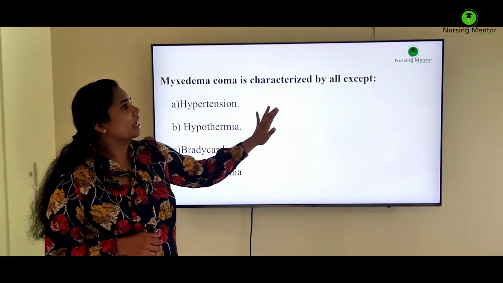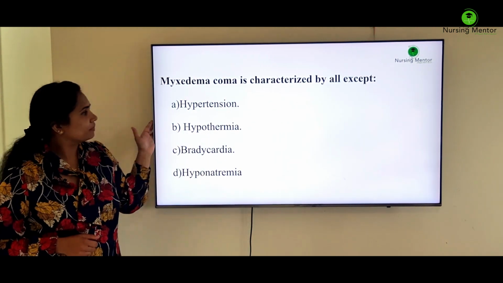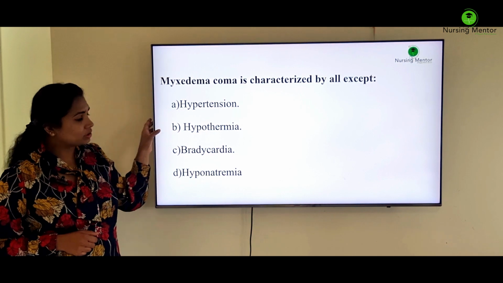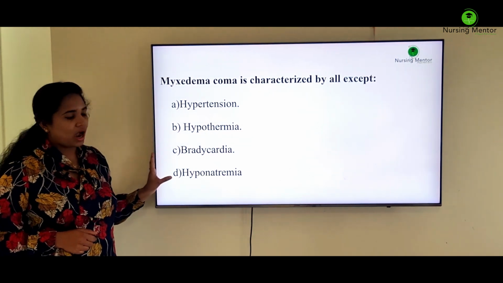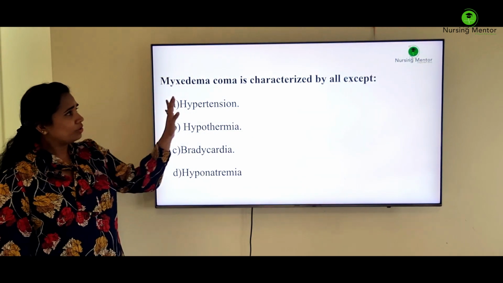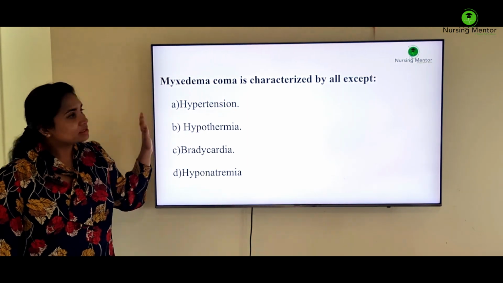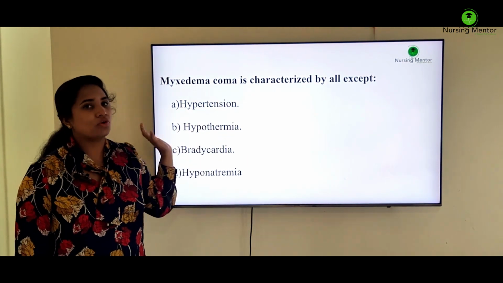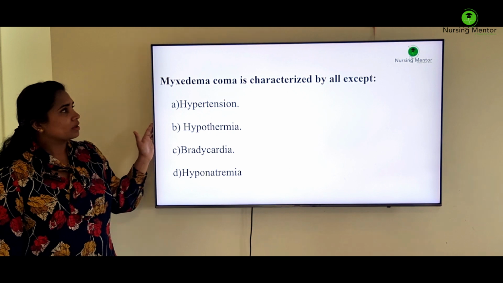Myxedema coma is characterized by all except: hypertension, hypothermia, bradycardia, hyponatremia. What is myxedema coma? Myxedema coma is a severe form of hypothyroidism.